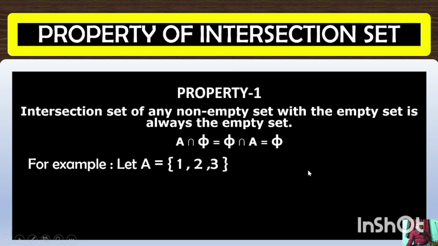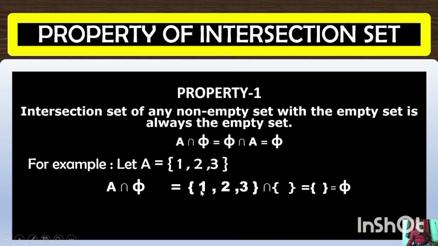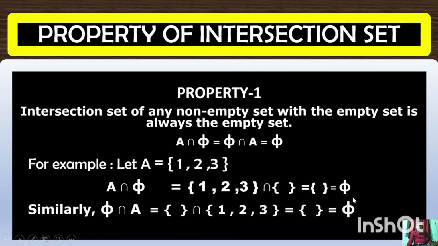For example, you see the set {1, 2, 3}, and if you take the intersection of it with the phi set, it is a phi set. Similarly, phi intersection A is also phi set, because no elements are common in both sets. Since there are no common elements, the intersection will be the null set.